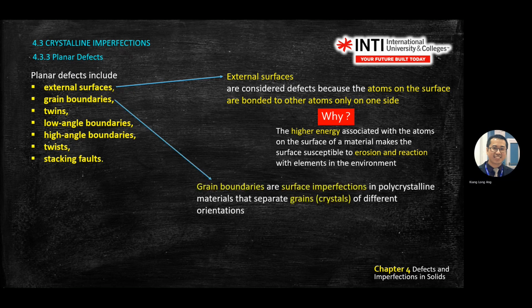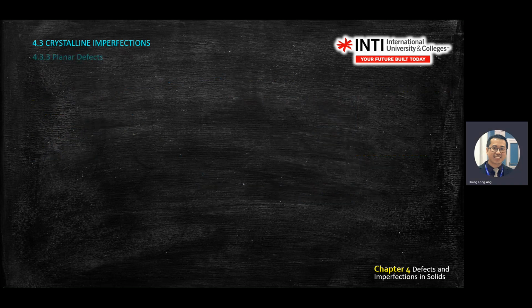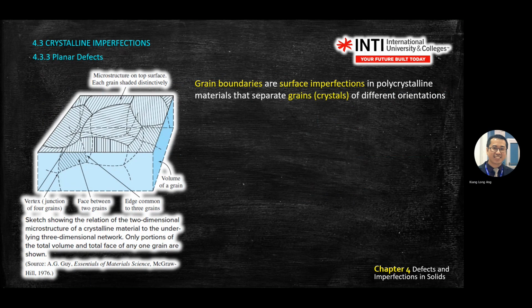As you read, grain boundaries. We showed you already what grain boundaries are when you did solidification in the previous class. As the nuclei grow, there's a space between the crystals, then it becomes grain boundaries. This one you read.